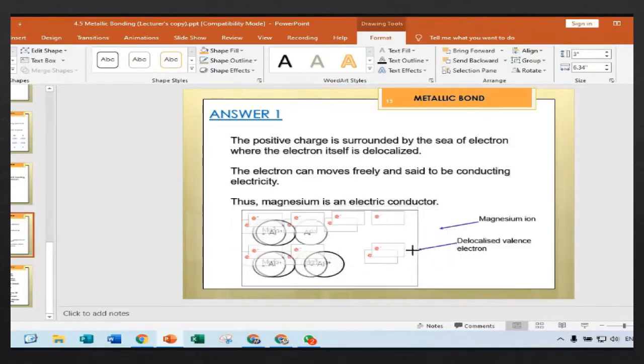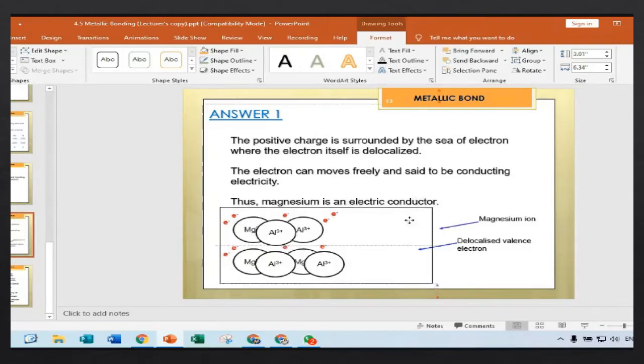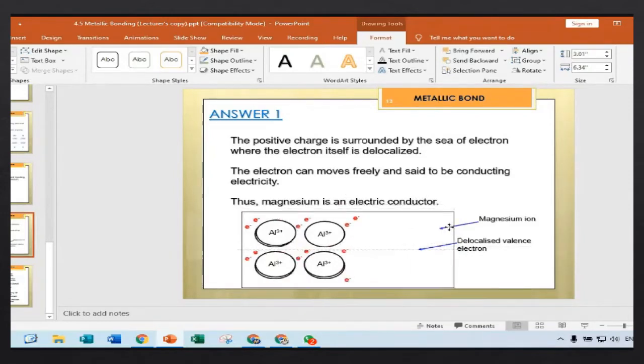And then you must tally the number of electrons with the valence electrons. For example, aluminium 3 plus, so how many electrons in total based on this diagram? 12. Yes, 4 times 3 equals 12. Double check. Okay, 12 is enough. So you just make the box smaller. And then don't forget, you must label.